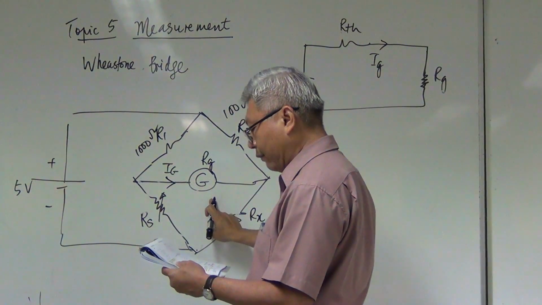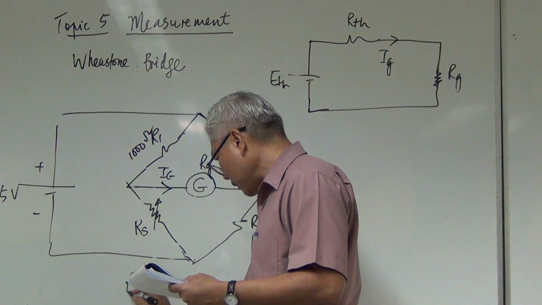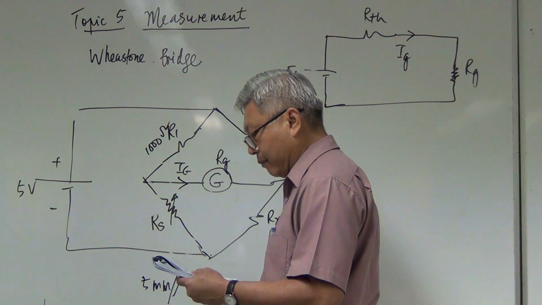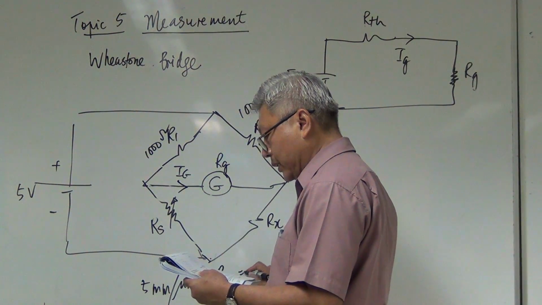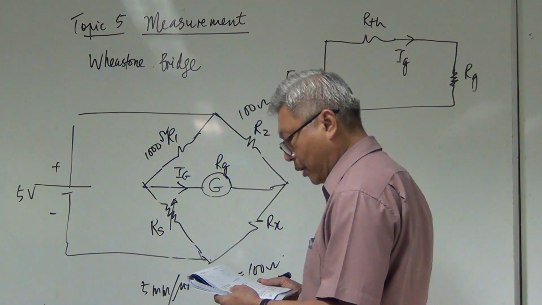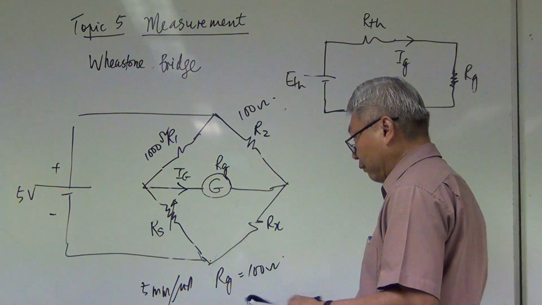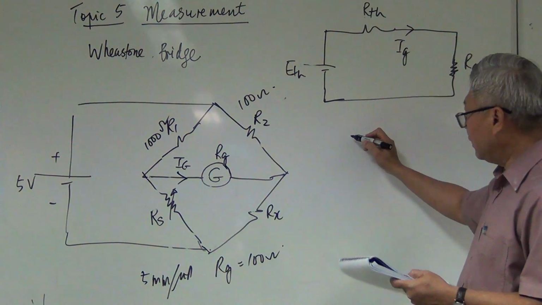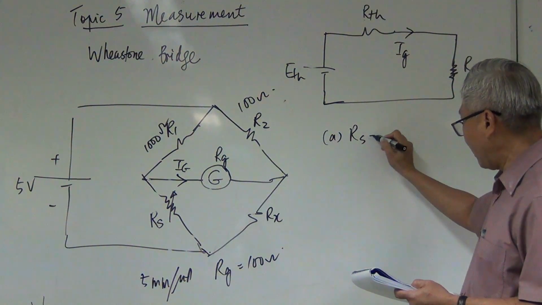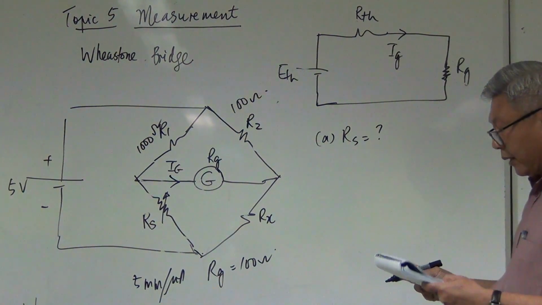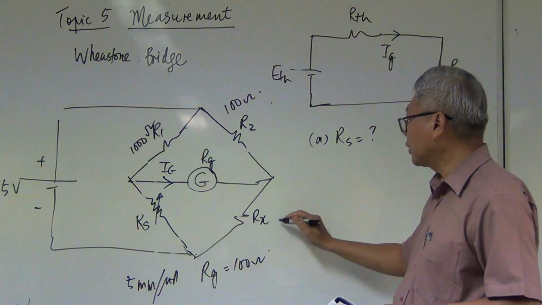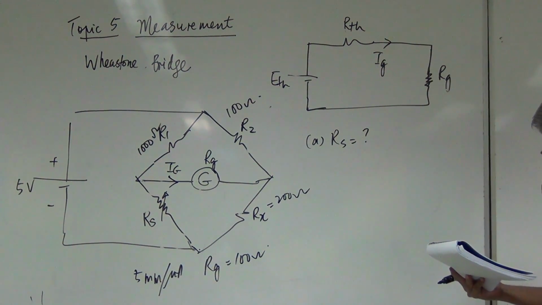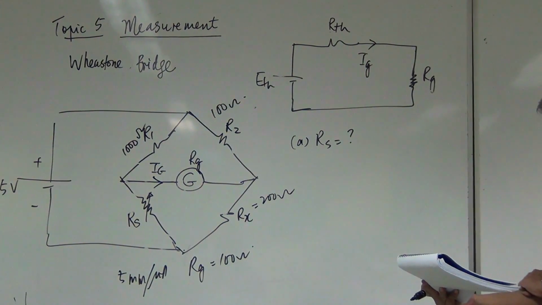The galvanometer has a sensitivity of 5 millimeter per microampere and an internal resistance equal to 100 ohms. The battery voltage is 5 volts. Part A, you are asked to find what RS should be when Rx is equal to 200 ohm, when the circuit is balanced.